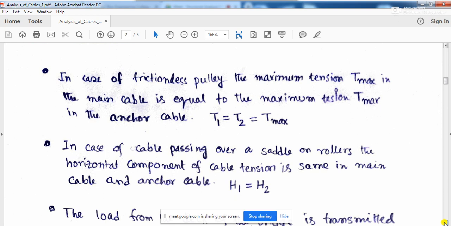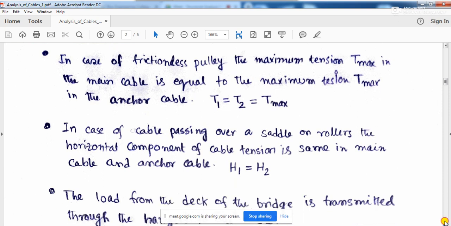Now in case of a cable passing over a saddle on rollers, what will happen? The horizontal component of cable tension is the same in the main cable and anchor cable. This needs to happen, otherwise the saddle will not be in equilibrium, as I have explained.